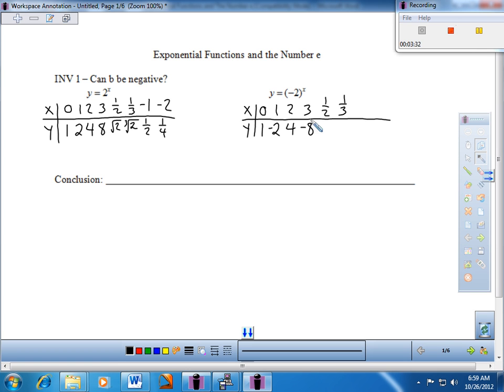And so you can see it really doesn't make sense with a continuous curve here. There's nothing that's going to fit that magically as an exponential growth or decay curve. In fact, when I get to this one right here, just kind of thinking out loud with it, negative 2 to the 1/2, that means the square root of negative 2, which is undefined in the real number system. So I end up getting this value that doesn't even work.